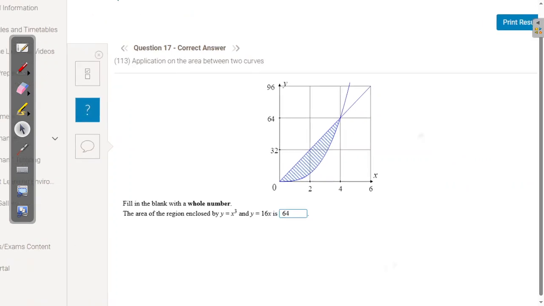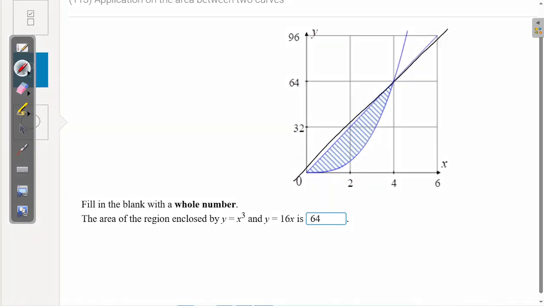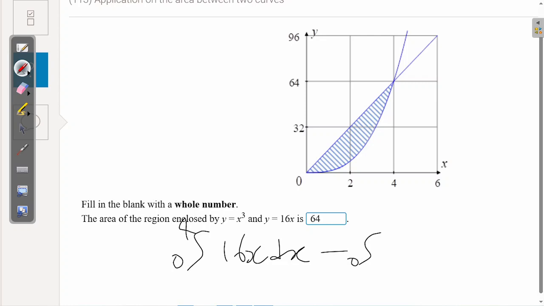Okay, now the area enclosed by y equals x cubed and y equals 16x. So the line is 16x obviously, and the curve is x cubed. If you want the area, we have to do the integral of 16x dx from 0 to 4 minus the integral from 0 to 4 of x cubed.